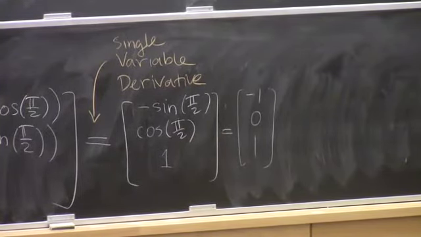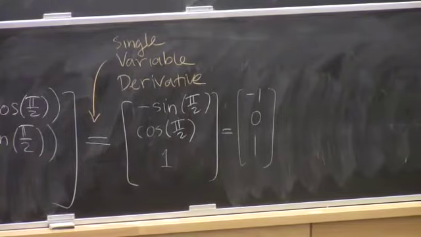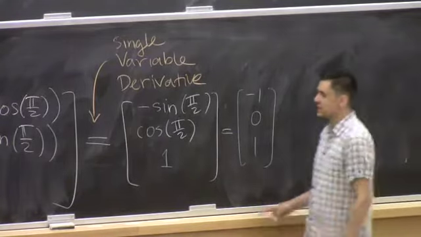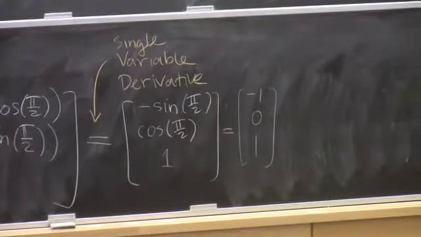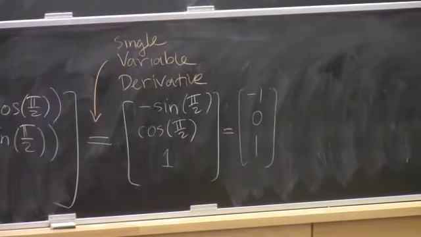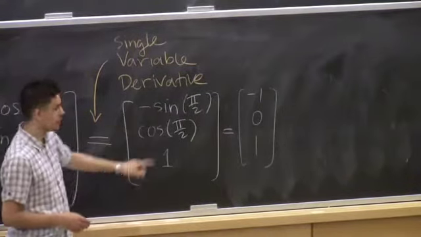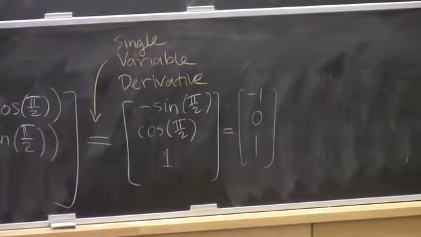Questions or thoughts? Yeah, sure. Once I get to this, I say, look, I've got a first principles definition for the derivative of cos. And I know the derivative of cos, though, it's negative sine. And I did the same thing in the other two variables.